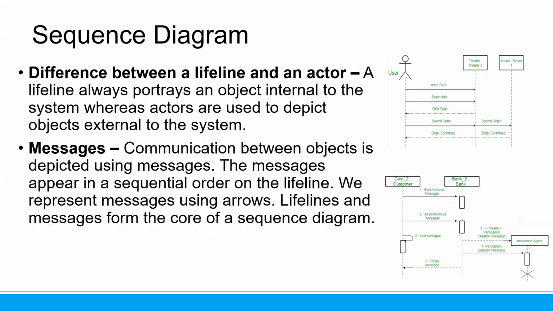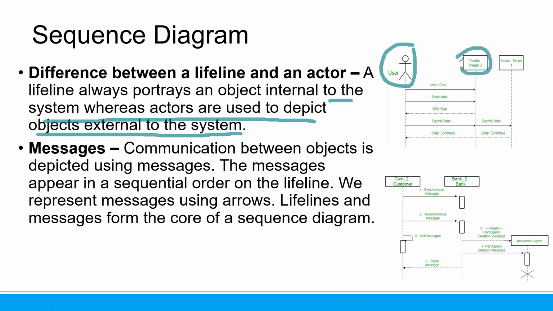What is the difference between a lifeline and an actor? A lifeline always portrays an object internal to the system, whereas actors are used to depict objects external to the system. So for example, I have a user, and if the user enters a theater, they need to insert a card.